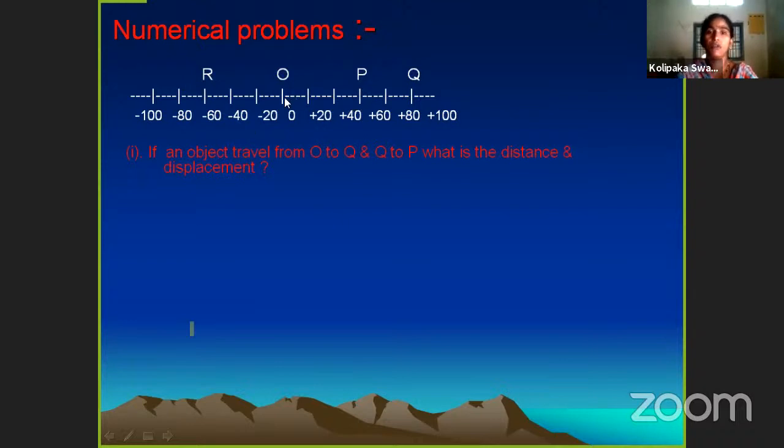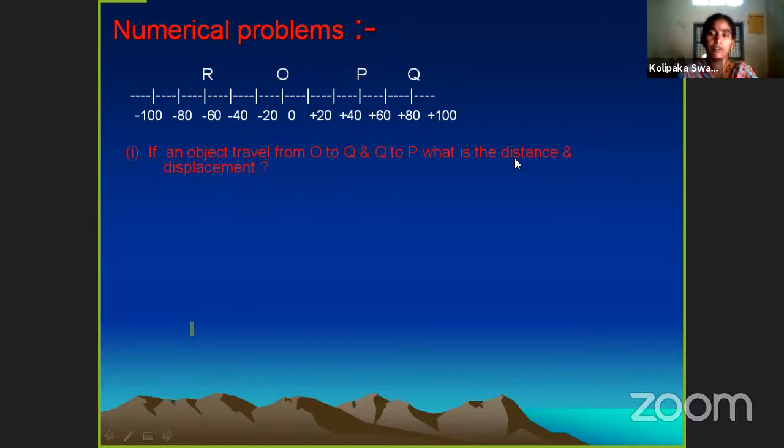Distance, we know, is the total path traveled by the object. Total path means OQ and QP, the length of OQ and the length of QP. This total path we call distance. So first we find out the distance.